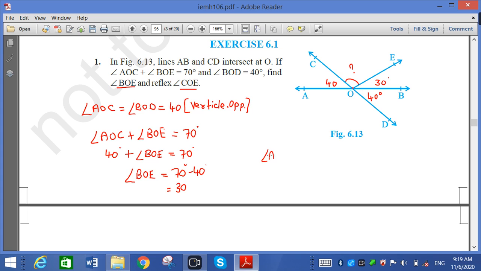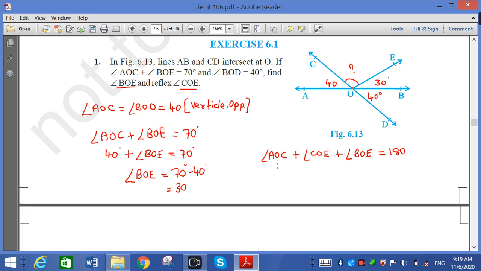Angle AOC plus angle COE plus angle BOE is equal to 180.